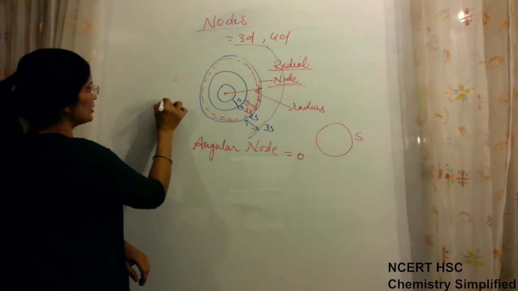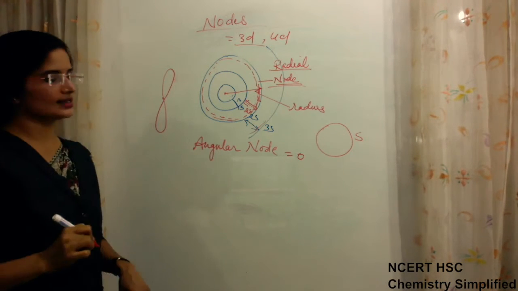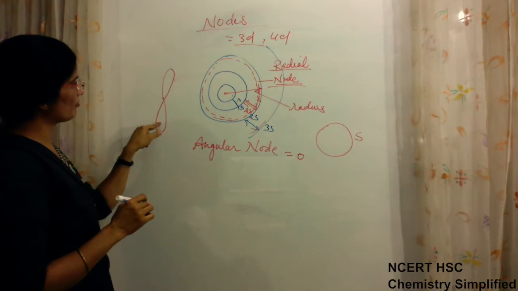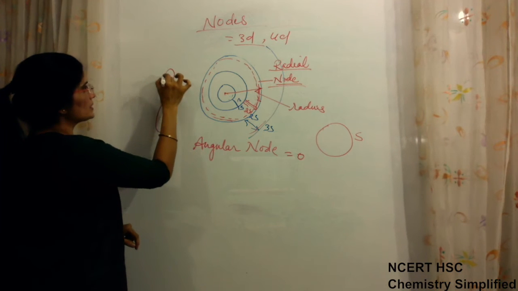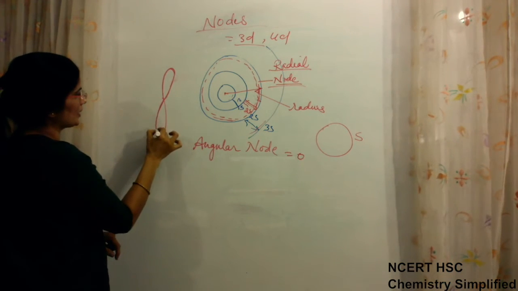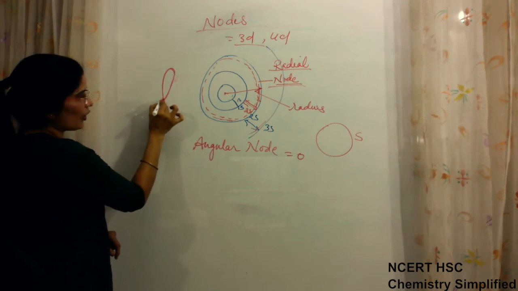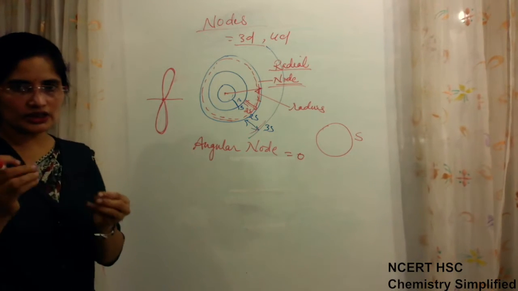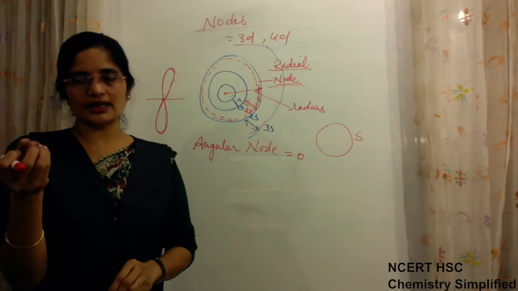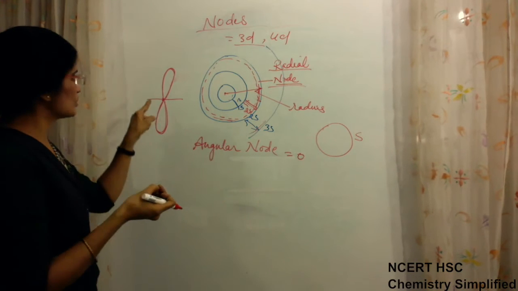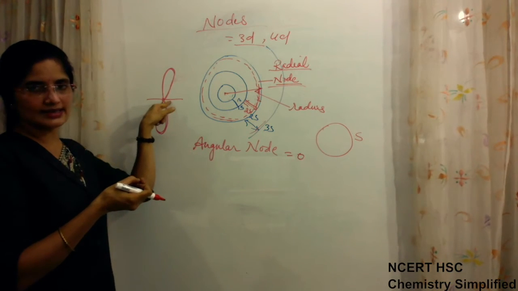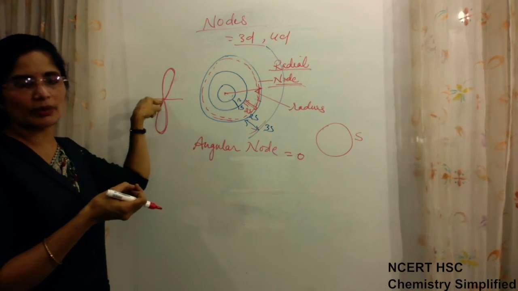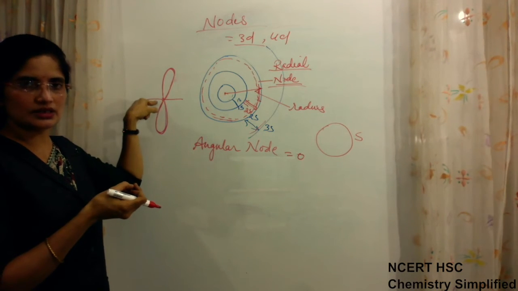Now in case of p orbital, you can see that when we are making the shape of p orbital, the lobe is bigger here, tapering, and then again bigger here. But there is a point in between where the two are meeting and it has just reduced to 0. So this is a place where the probability of finding electron is 0.